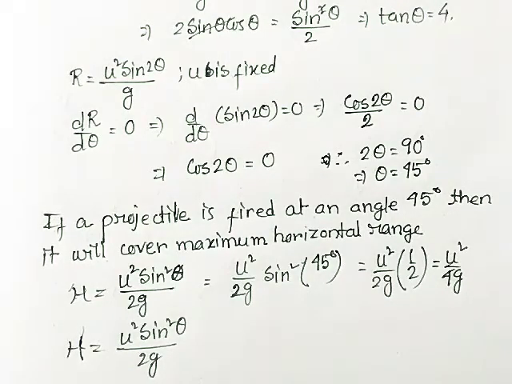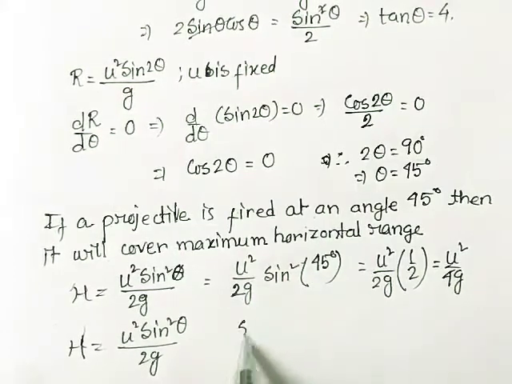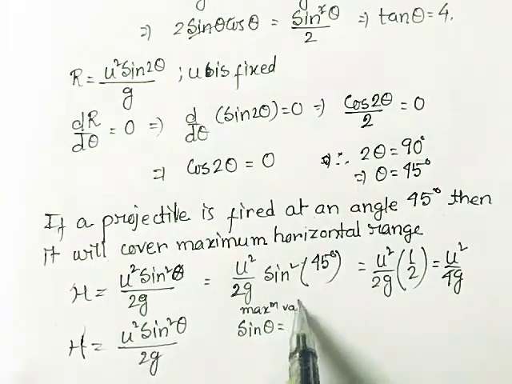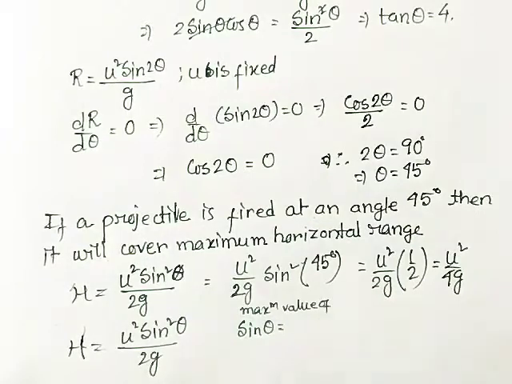So u is constant here, g is constant here, so only one thing can change, that is sine square theta. If I want to find out the maximum value of sine theta, what is the maximum value of sine theta?